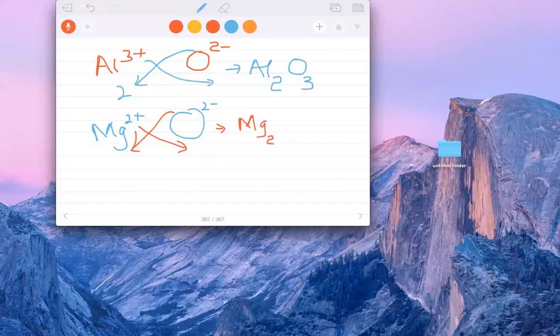Don't say that I've done my work and this is the correct formula for magnesium oxide. You can still simplify this by dividing it by 2, and the correct formula is MgO, magnesium oxide. So if you can still simplify, do it.